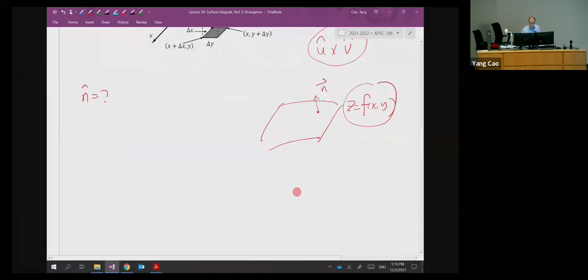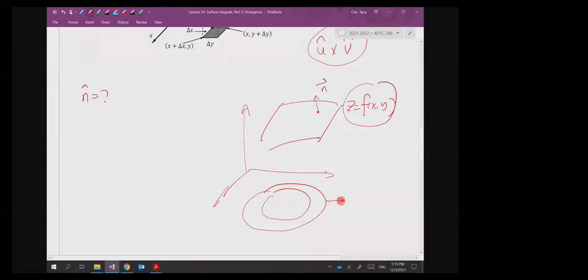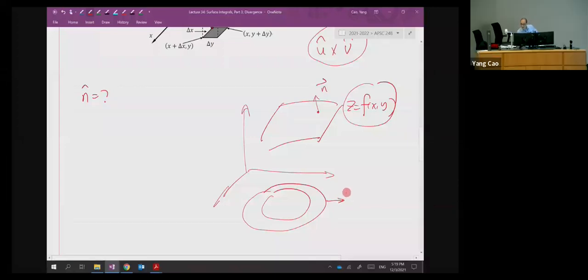So how about this? Remember, if I create a lot of level curves, what is a vector perpendicular to the level curve? Gradient. Not a tangent, right? So here's the surface. Here is a level curve for this surface.